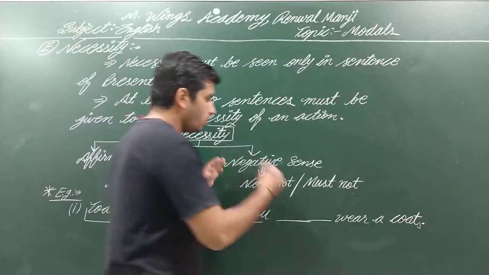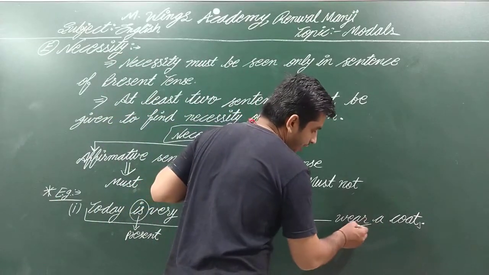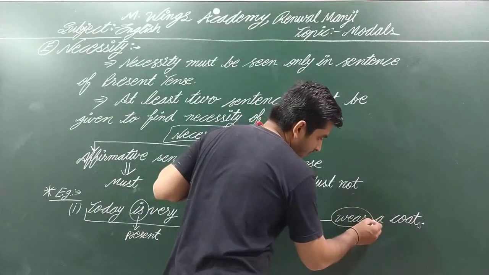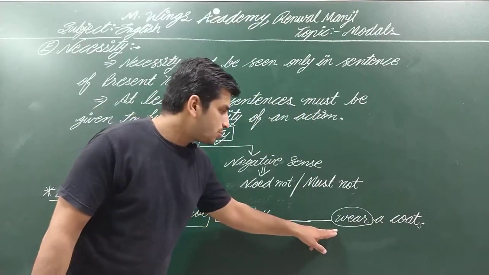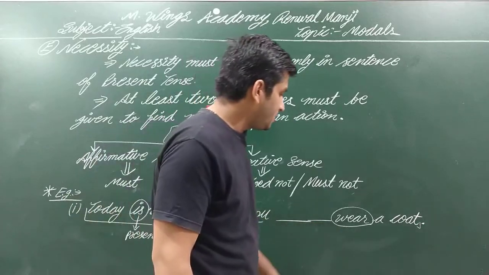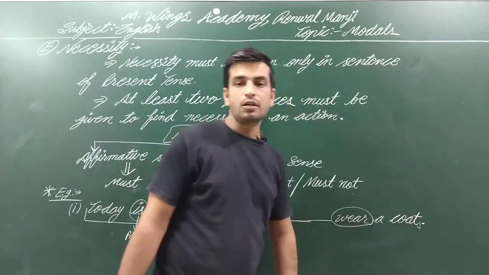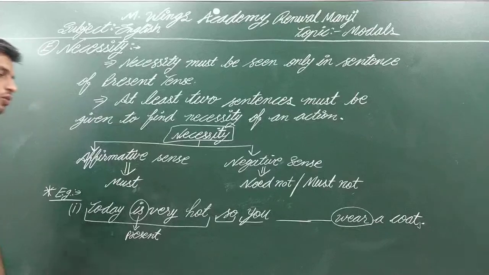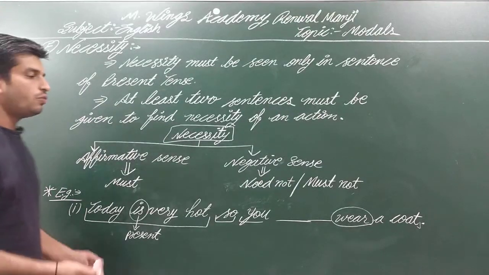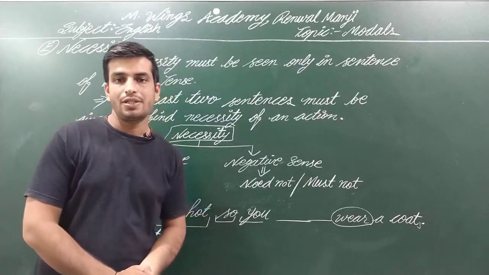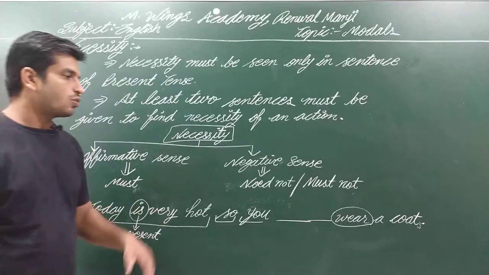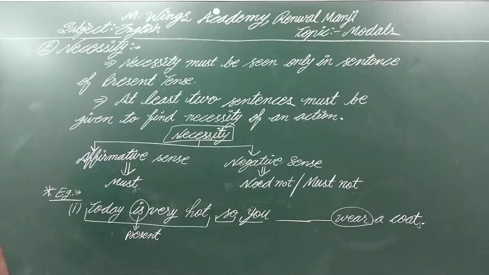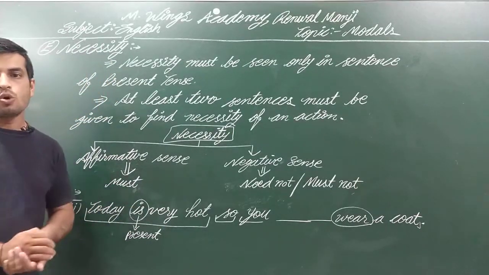So what type of action do we have to see for necessity? In this question we are told to see the necessity of wearing a coat. A coat is worn when it is winter season. If it is winter season, then we need a coat to protect us from cold air.